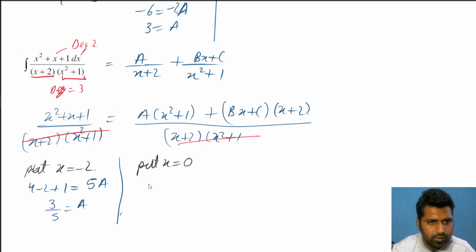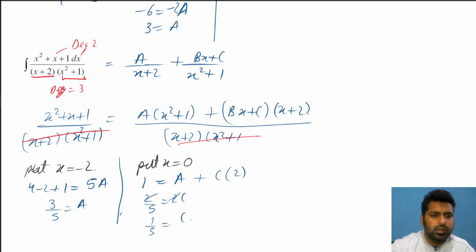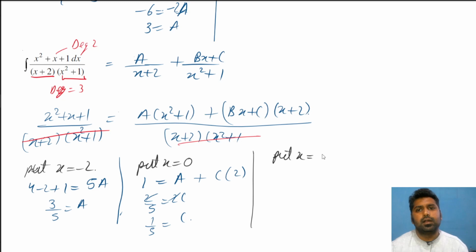So let's put x as 0, so left side is 1, a into 1, and c into 0 plus 2, that's 2. A you have already calculated, 3 by 5, so 1 minus a will be 2 by 5 is equal to 2c, so c is coming 1 by 5. Rest remains b. Now you put any other value. 0 is done, minus 2 is done, so you can put anything.